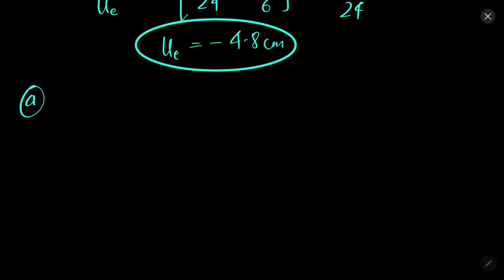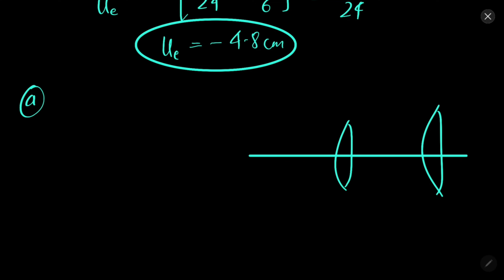Now the first situation. In the first situation the separation between objective and eyepiece is 9.8. Now what must the image distance of the objective lens be? Let's say this is our diagram. This is the principal axis, this is the objective lens, this is the eyepiece lens. We have separation equal to 9.8 centimeters.